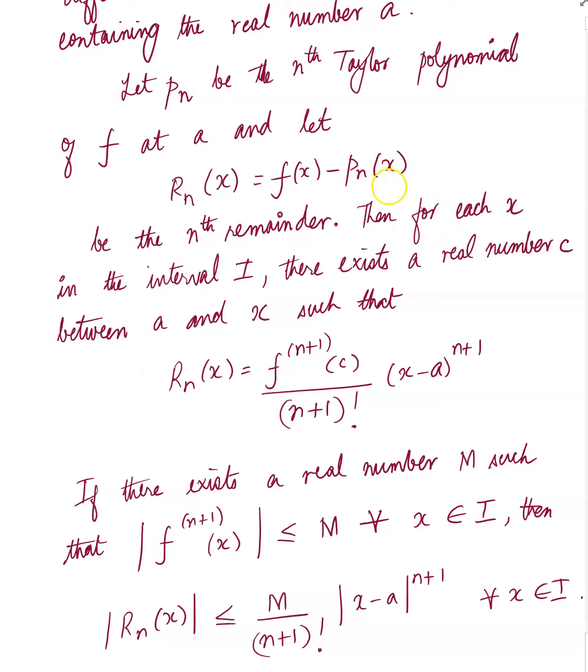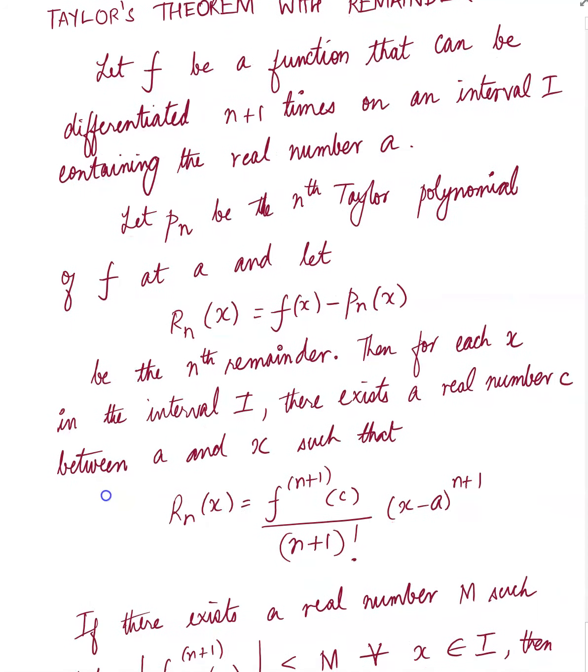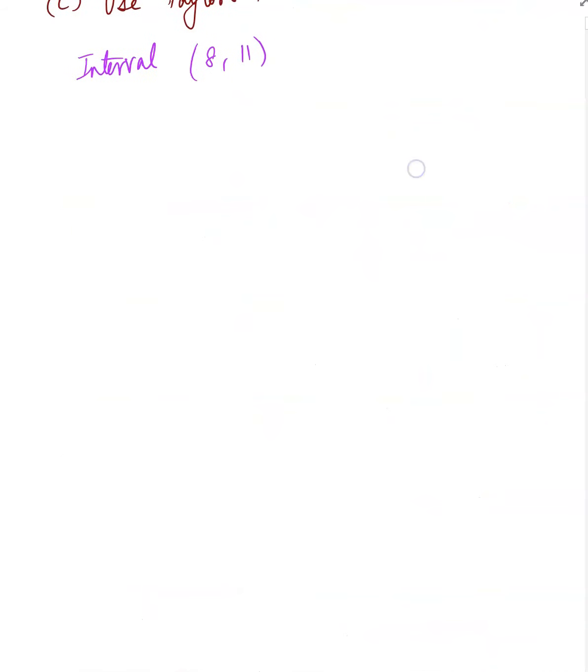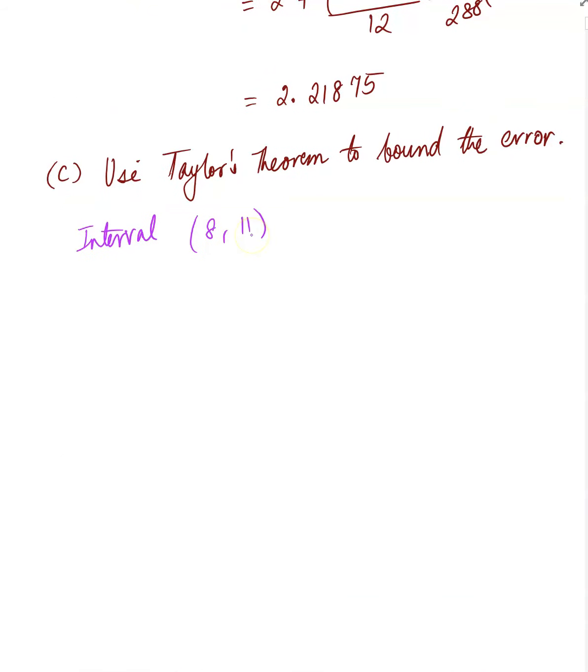This is the theorem, okay? Taylor's theorem with remainder. Okay, we know Rn is this. Then for each x in the interval I, there exists a real number c between a and x. So for us, it's between 8 and 11, okay? So there exists a c in this interval 8 to 11 such that the remainder, when approximating the cube root of 11 by the first series, will give you a certain expression, by the second series, and so on. So I'll take you back here. So I'm calling upon that, and that's how I get this interval. Okay. A to x, A to x.